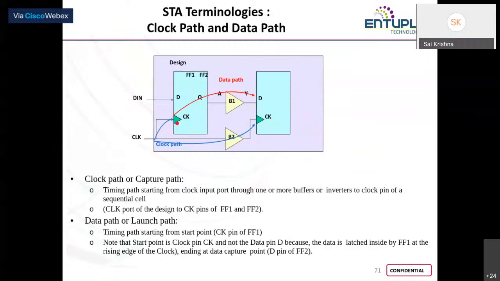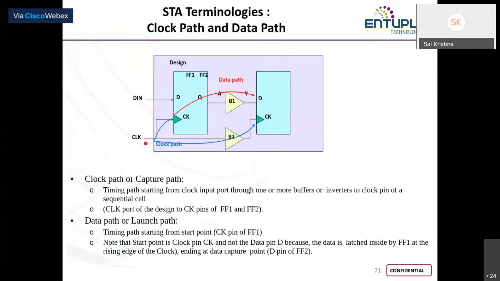So if you consider this to be an edge to edge path, the first delay will be from clock to Q, and then from Q a wire delay arc to A, and then a cell delay arc for B1 from A to Y, and then again a wire delay, and the delay across all of this will give you your propagation delay. So that would be your arrival time.